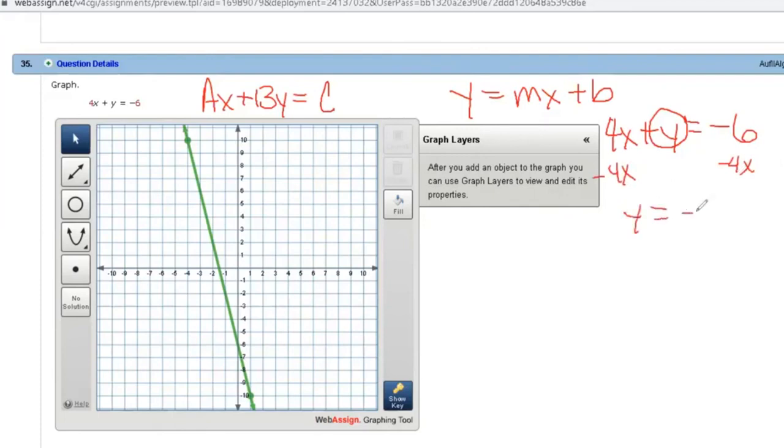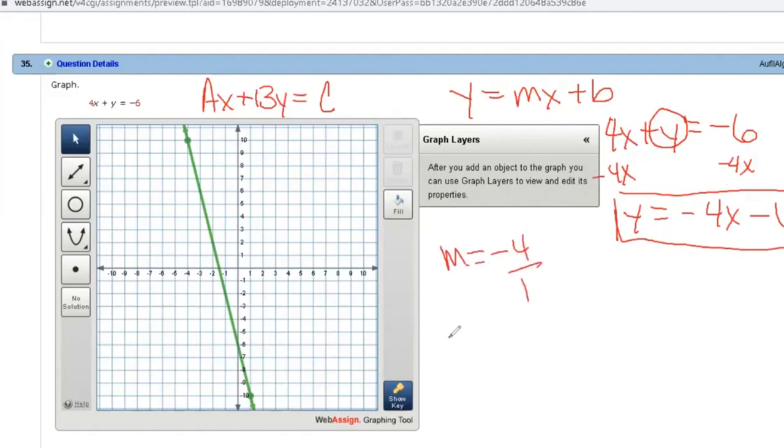Then I will have y = -4x - 6, which is slope-intercept form. So with it in this form now, I know that my slope is -4/1 and my b is -6.